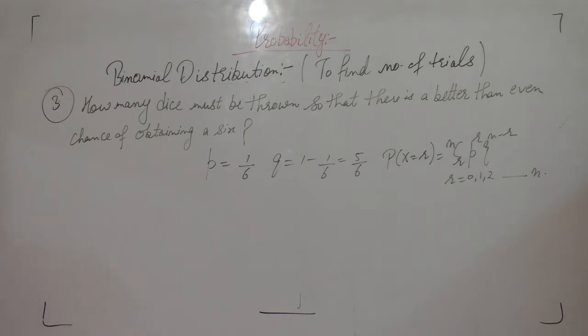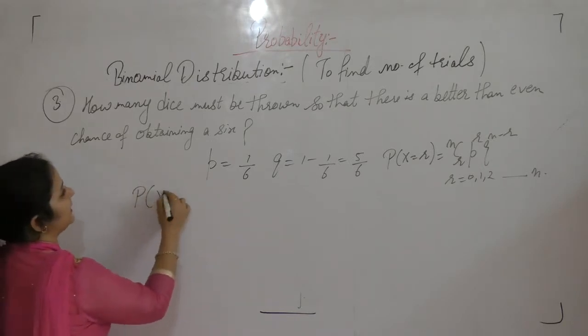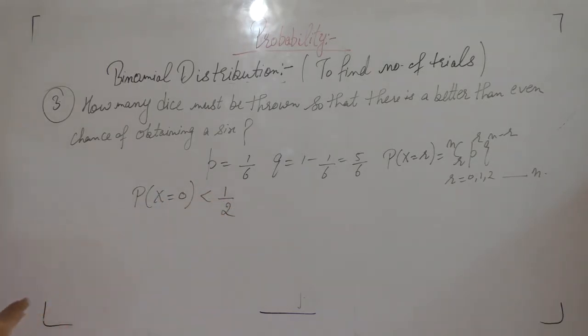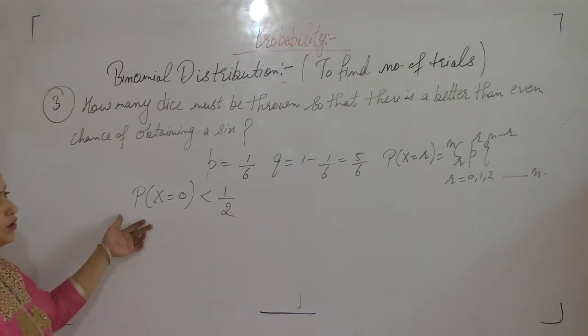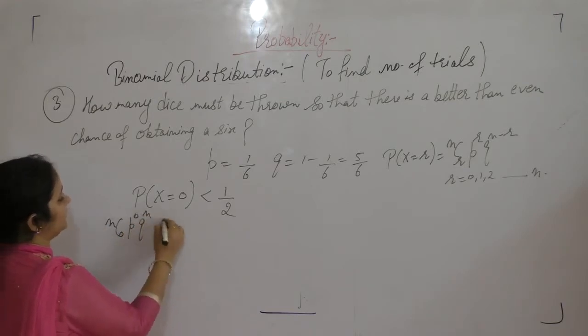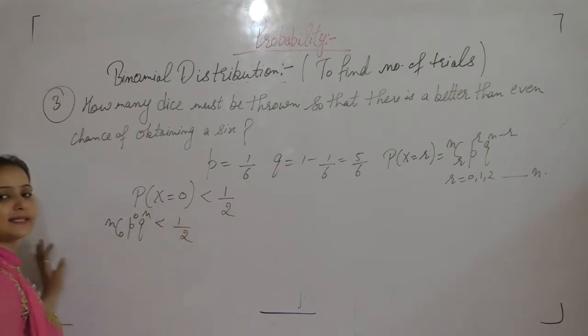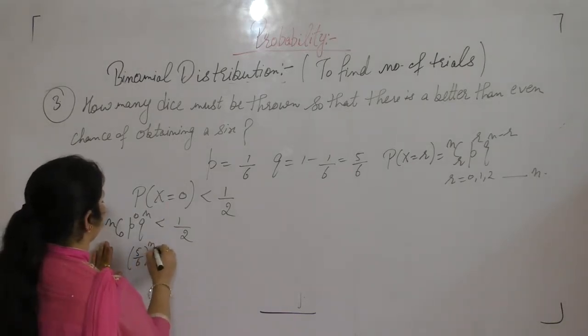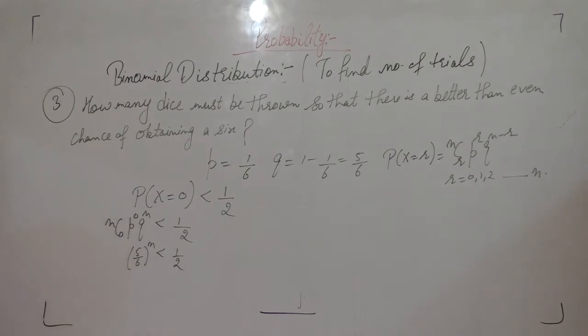We have to find the smallest value of n for which probability of x = 0 is less than 1/2. Probability at x = 0, nC0 p^0 q^n. nC0 has value 1, q is (5/6)^n is less than 1/2.